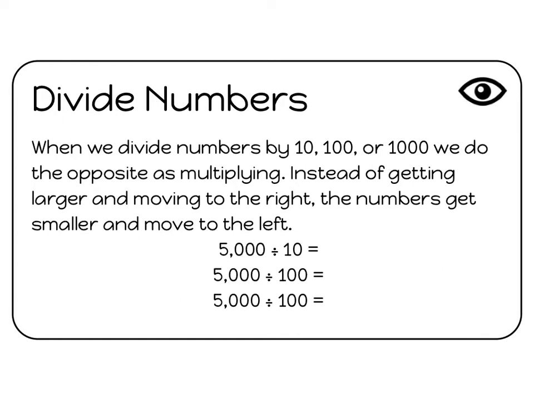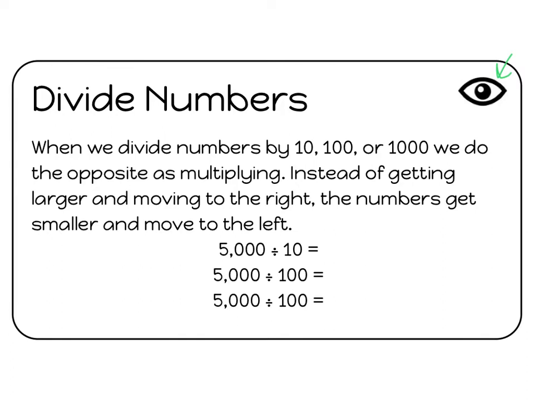All right, friends, remember the I up in the top corner means that you're just going to watch this part of the lesson. Today we are talking about dividing numbers. Yesterday we multiplied, today we divide. When we divide numbers by 10, 100, or 1,000, we do the opposite of multiplying.